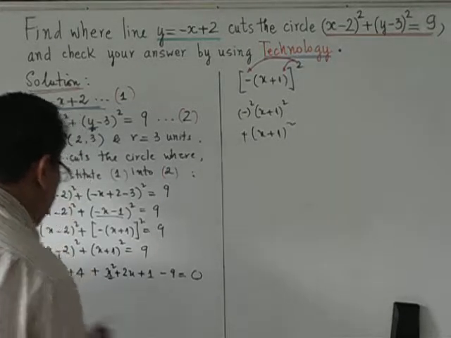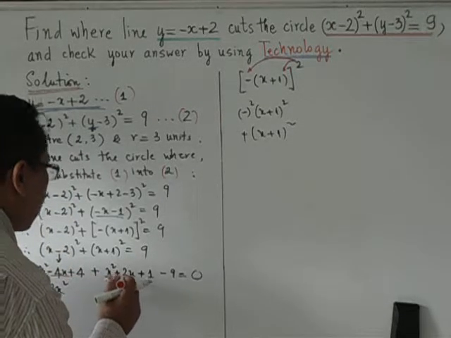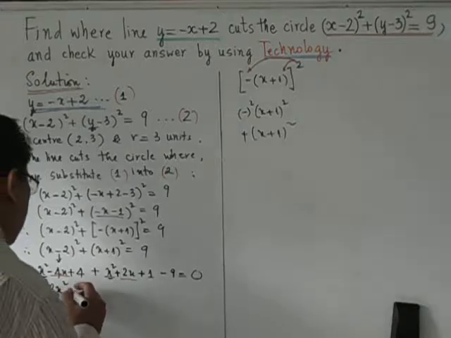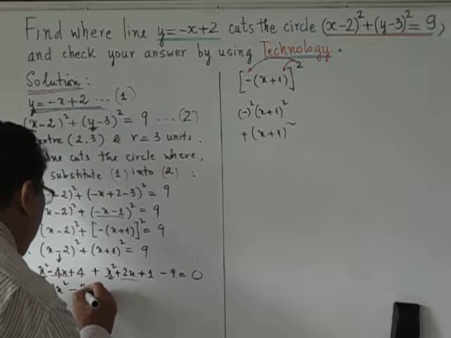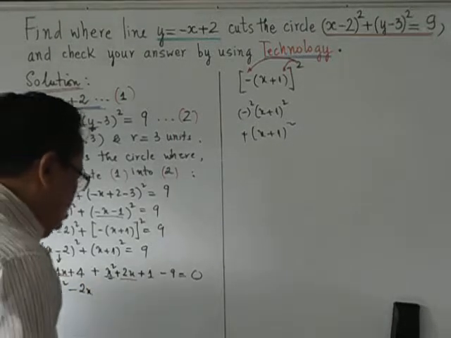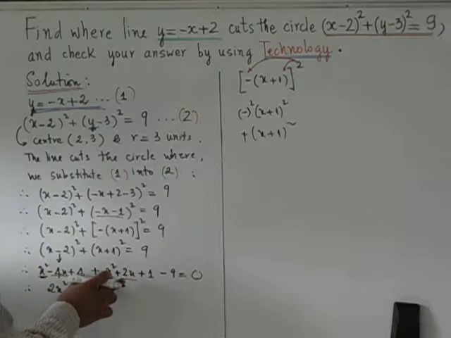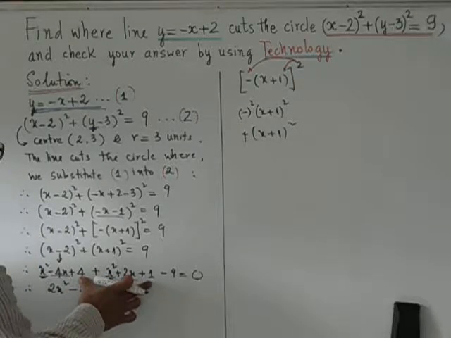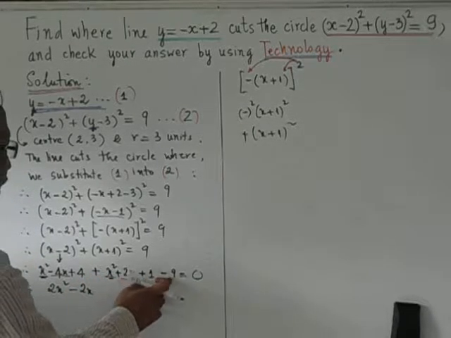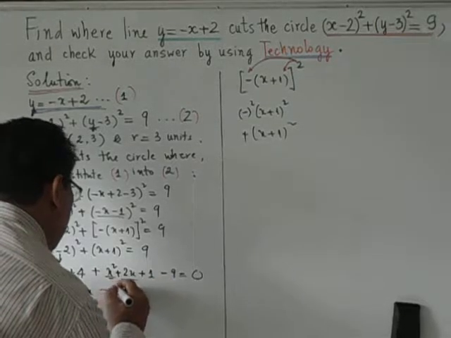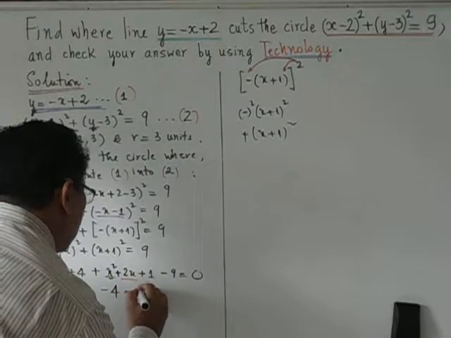Minus 4x and plus 2x gives us minus 2x. And for the constants, we have plus 4 plus 1 gives us plus 5 and minus 9. So it gives us minus 4.